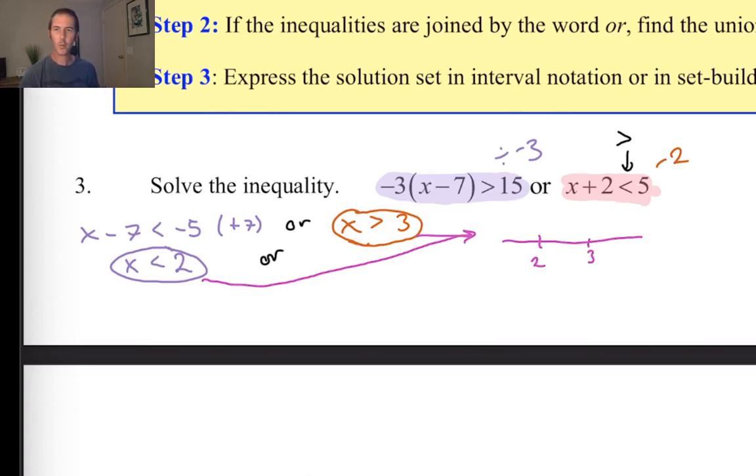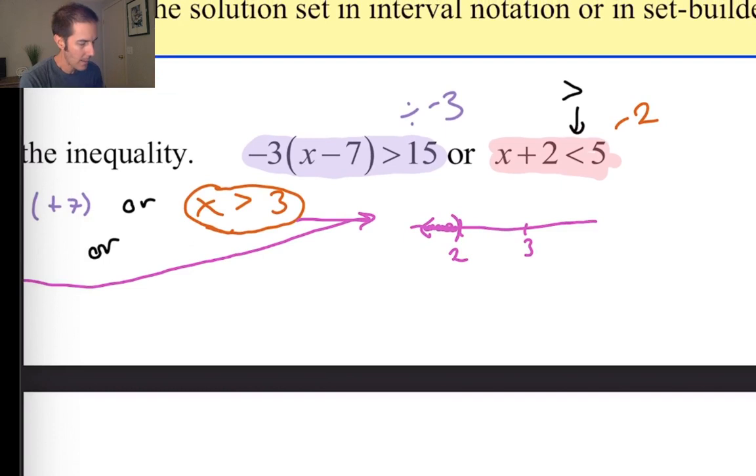And my first inequality says that we like the x values that are less than 2. So I'm shading to the left of the number 2, and I'm going to put an arrow on that shading because it goes all the way down to -infinity. And it's a strict inequality, so I'm going to put a parenthesis at the 2. And at 3, it's also a strict inequality, so that's going to get a parenthesis also, and then we're shading that part of the number line with an arrow sending the shading all the way up to +infinity.